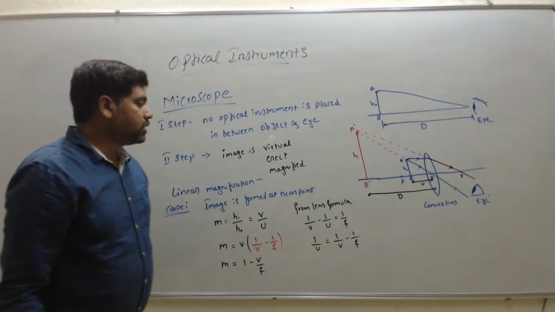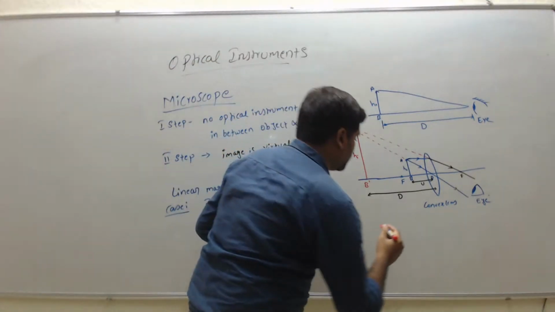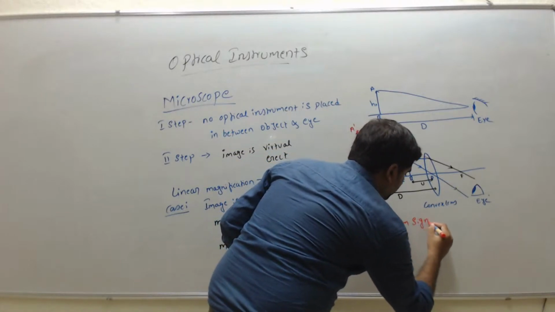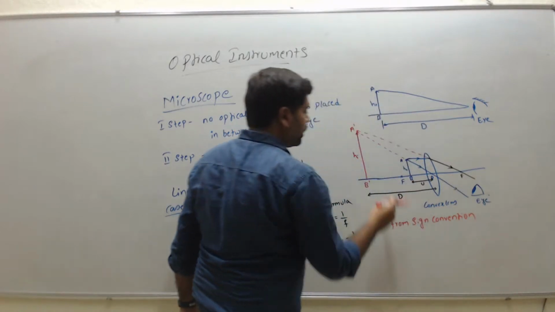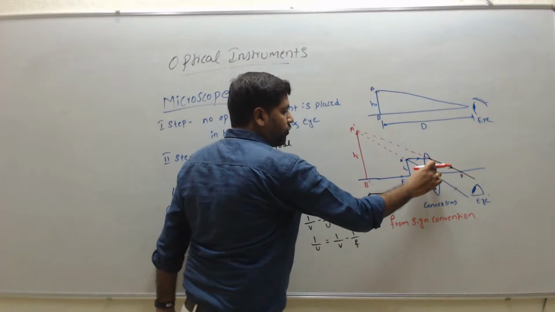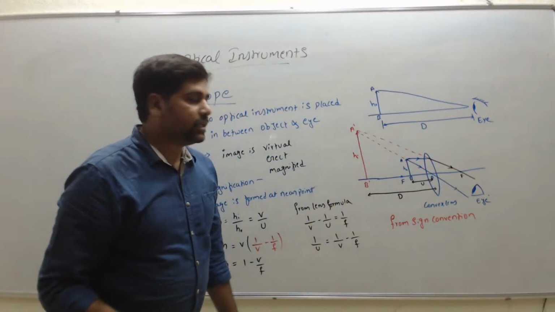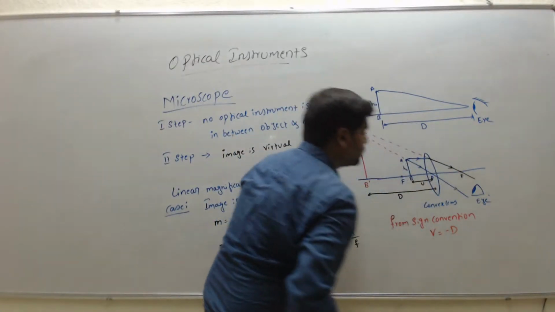If we apply the sign convention, the image distance is measured from the optic center, opposite to the direction of the incident ray. That's why we take V equals minus D.